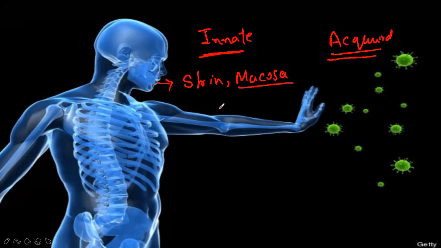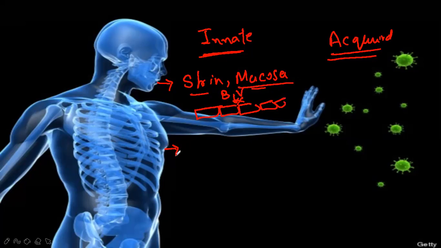The junctions between epithelial cells form a tight junction, so they do not allow bacteria or viruses to enter. It's a natural protection. So the parts of innate immunity are skin and the mucosal protective layer.